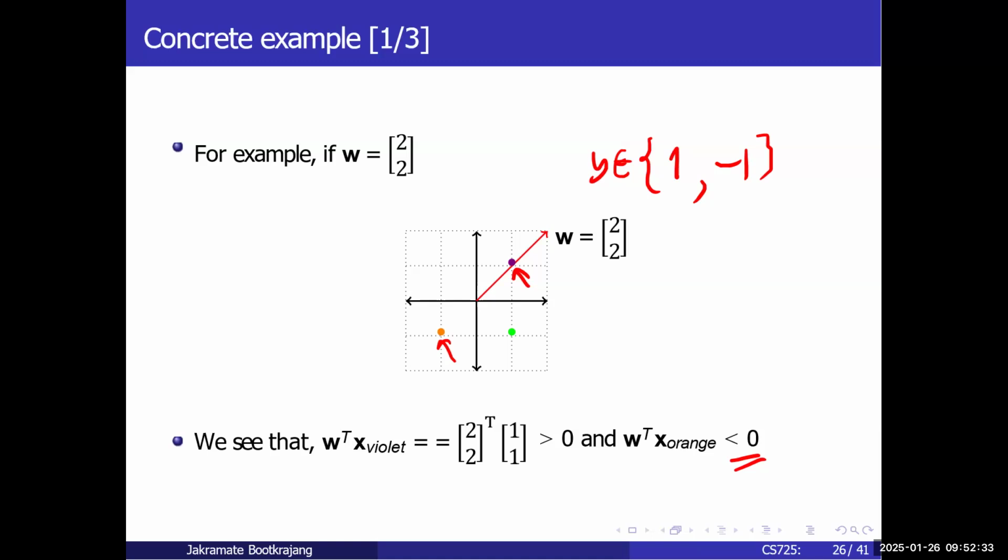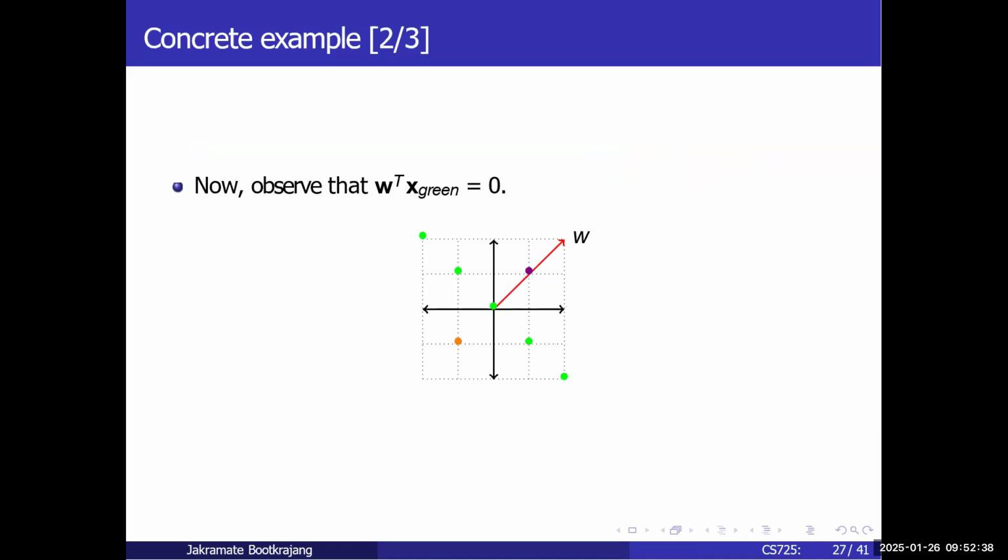Okay, so we have our function. Now, there is a slight complication: for all of these green dots, if you take the dot product of a green dot with the vector W, you get 0. So what happens if you get 0? You say if it's greater than 0, you get class +1.